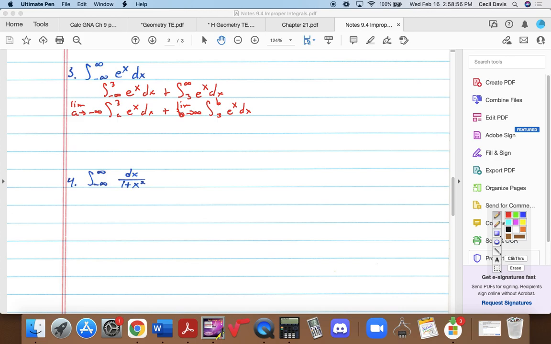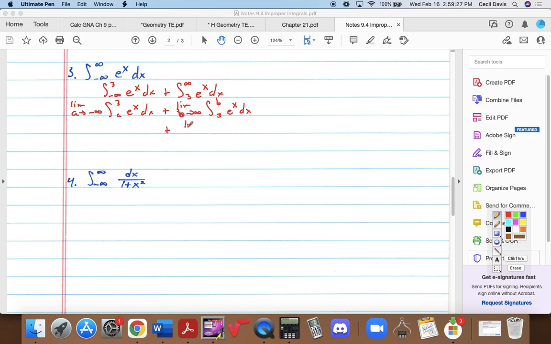And then thinking ahead just a little bit, if either of these diverges, the whole thing diverges. Which one of these is more likely to diverge? Look at it for a moment. The second one, because I'm going to infinity with e to the x, which is getting big really fast. Exponentially.